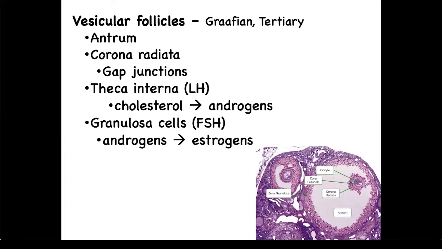The oocyte released during ovulation will be this secondary oocyte arrested in meiosis II. If and only if fertilization occurs is meiosis II completed, and the secondary oocyte will give rise to a polar body and an ovum or egg.